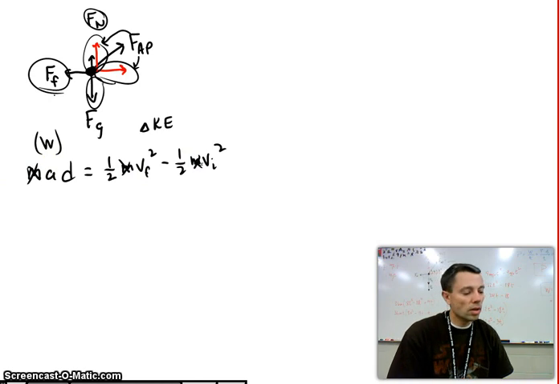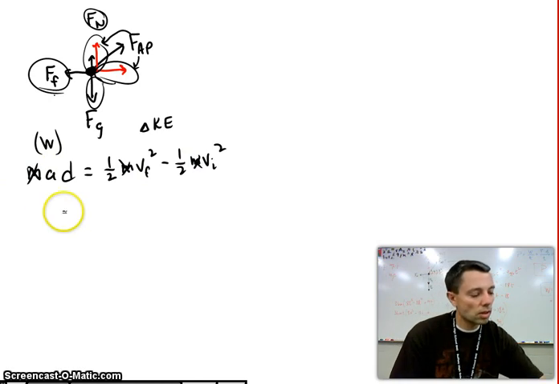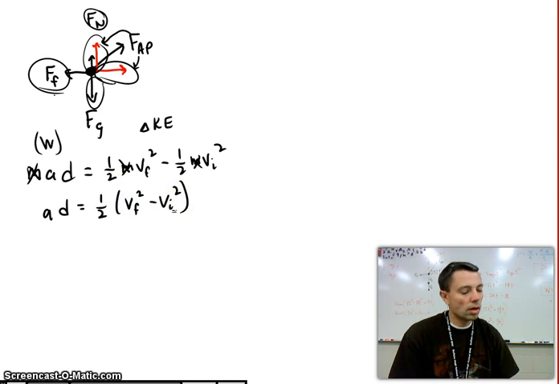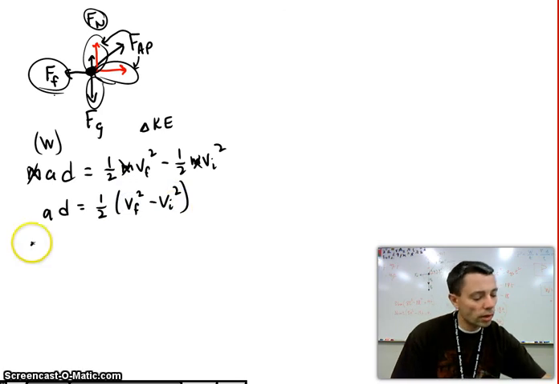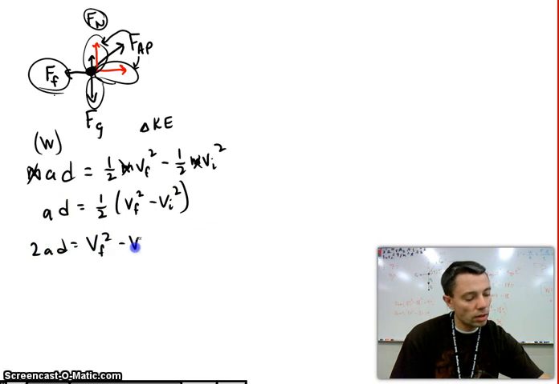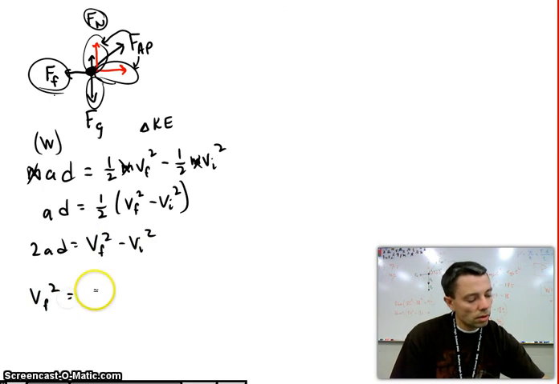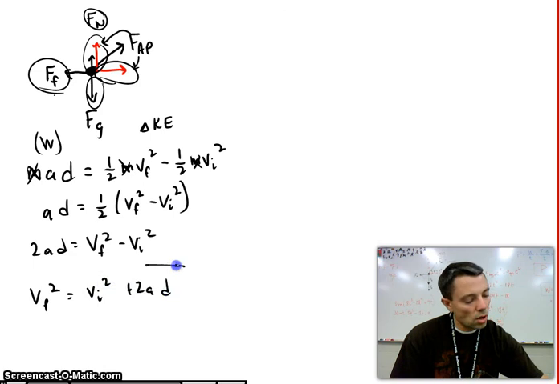So now I'm looking at ad equals 1/2 vf squared minus vi squared. Bring that over, I get 2ad equals vf squared minus vi squared. Oh, hey, I get vf squared equals vi squared plus 2ad.